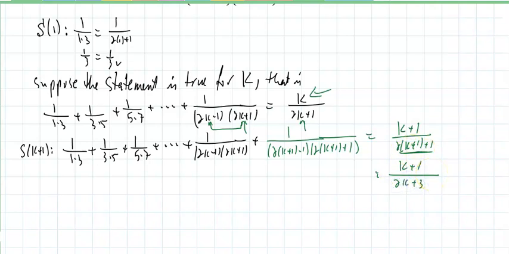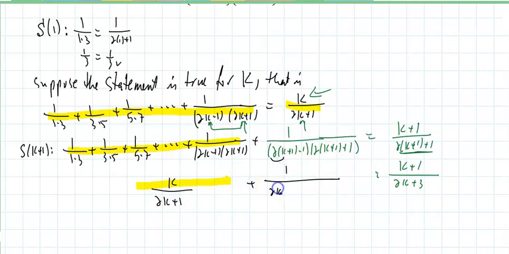Now, I made an assumption. Is that going to always be the case? Of course that's going to always be the case. I'm going to take k over (2k plus 1) plus 1 over, this is 2k plus 2 minus 1 is 1, times 2k plus 2 plus 1 is 3.